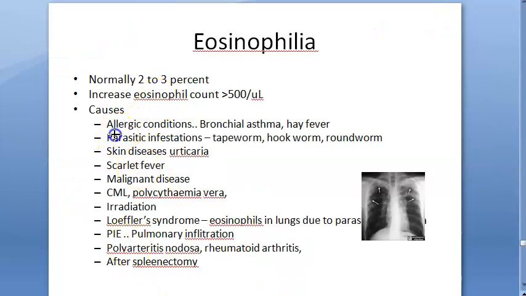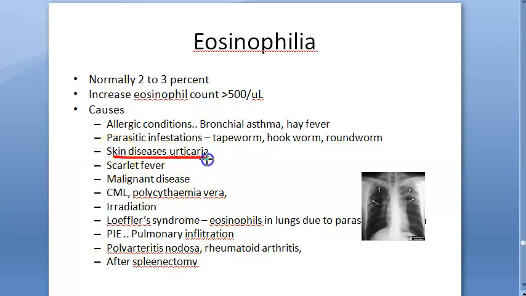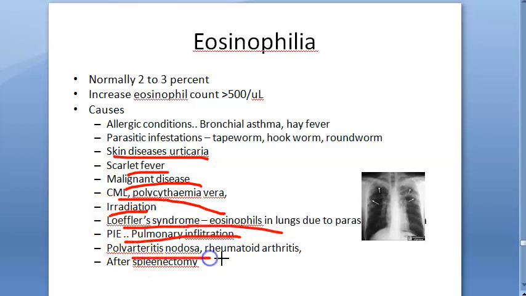Causes are allergy and parasitic infestation, because the eosinophil's job is to fight allergy and parasitic infection. Also skin disease, scarlet fever, malignancy like CML, polycythemia vera, pernicious anemia, irradiation, Loeffler's syndrome, pulmonary infiltration, polyarteritis nodosa, rheumatoid arthritis, splenectomy.